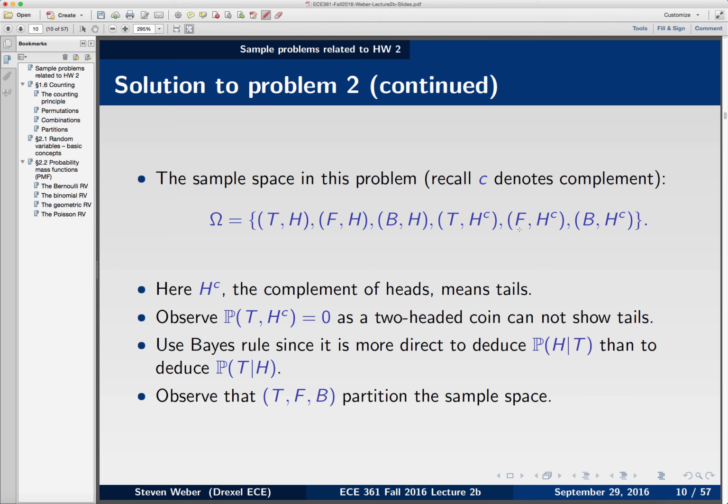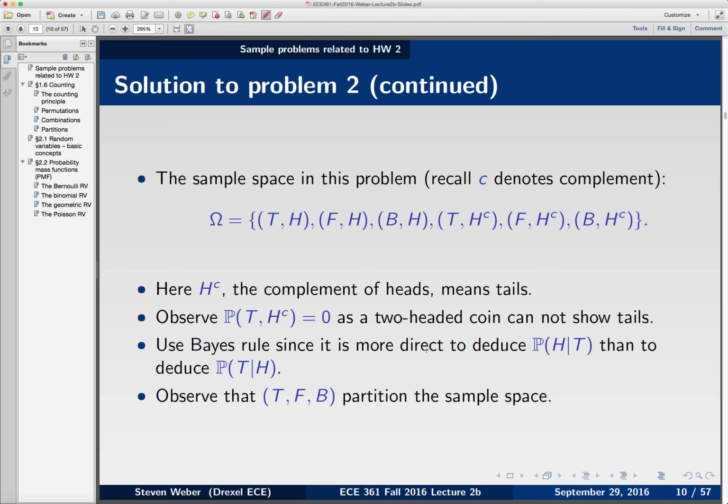FH^C means fair coin and tails. And BH^C means biased coin and tails. Observe that some of these outcomes have probability 0. In particular, the outcome TH^C has probability 0. That is, the probability of tails from a two-headed coin is 0. I could just as easily have omitted this outcome from the sample space, but there's no problem in leaving it in.